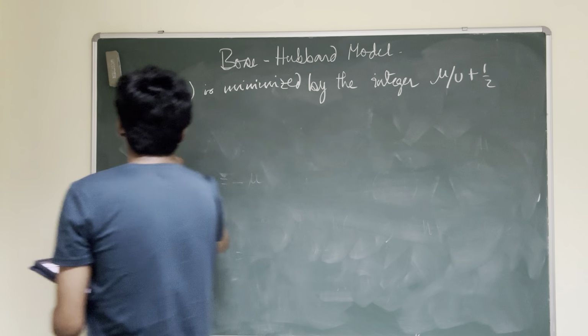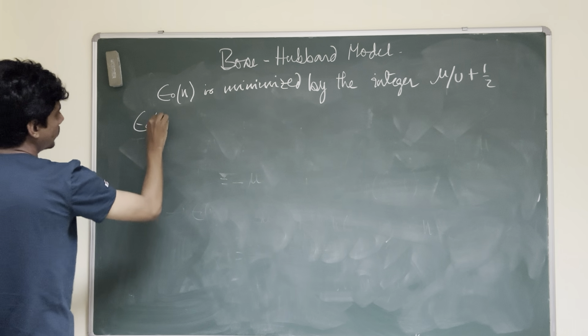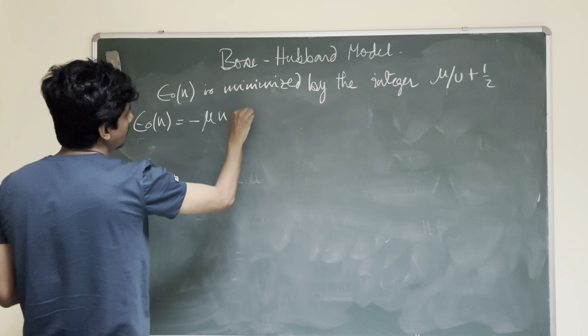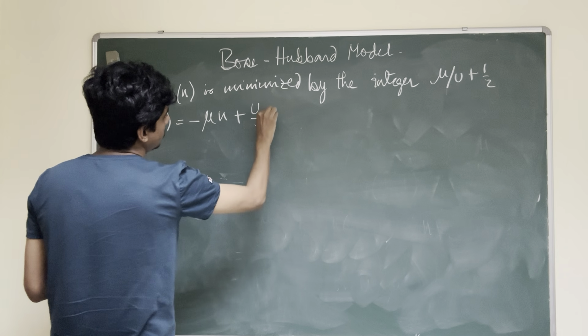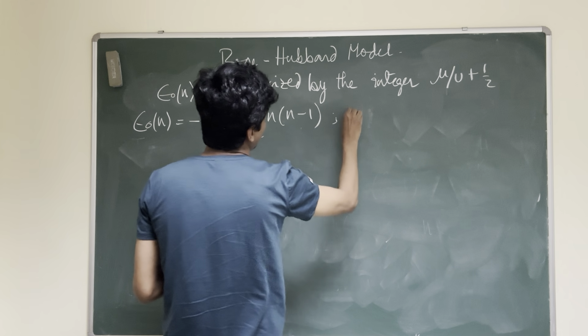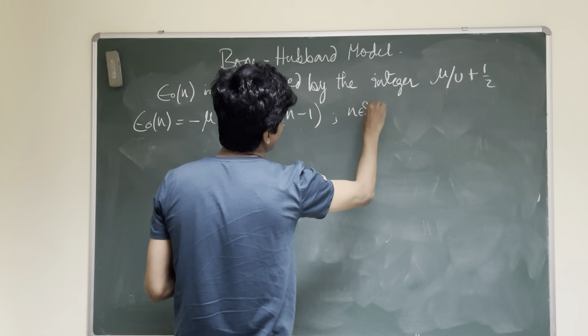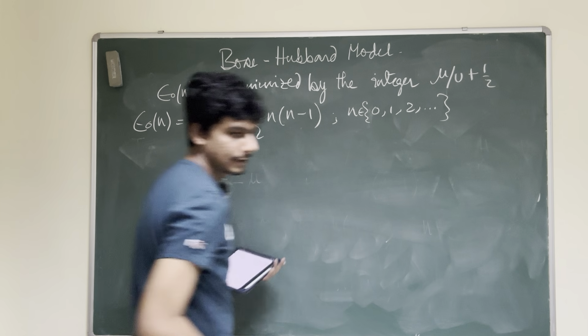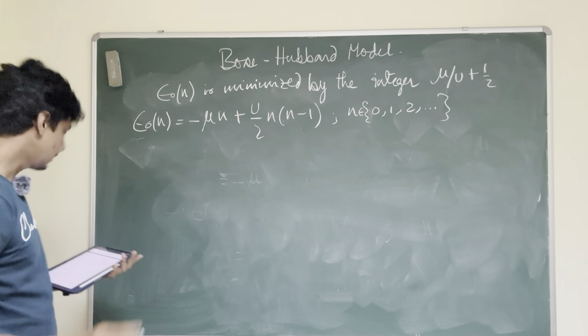To recall, it is minus mu n plus U by 2 times n into n minus 1, and n belongs to 0, 1, 2 and so on. This is the structure.